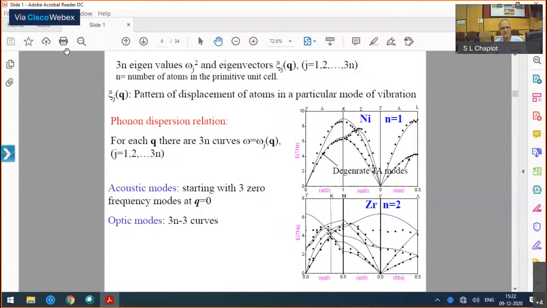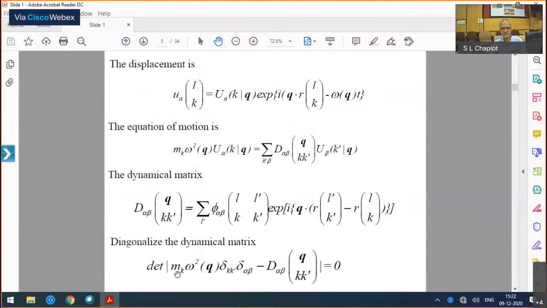The eigenvalues correspond to the square of the frequencies, and the eigenvectors will be proportional to these terms, but there is a difference here. There are some proportionality terms required between the actual displacement, for example temperature or various other things.